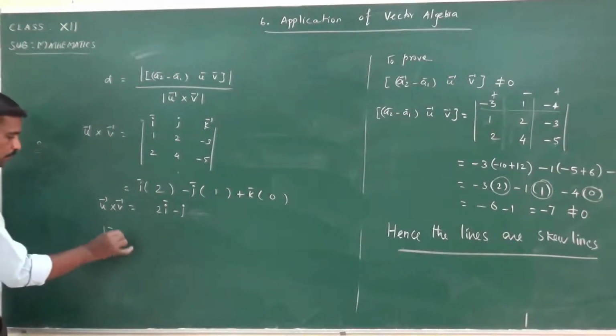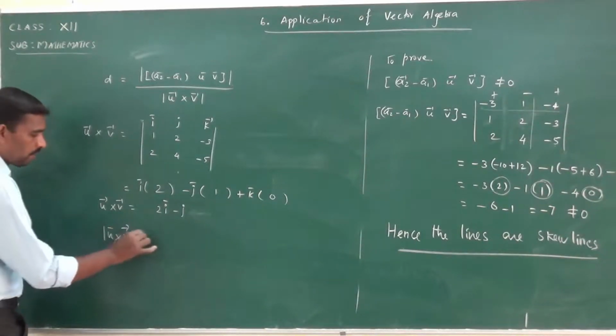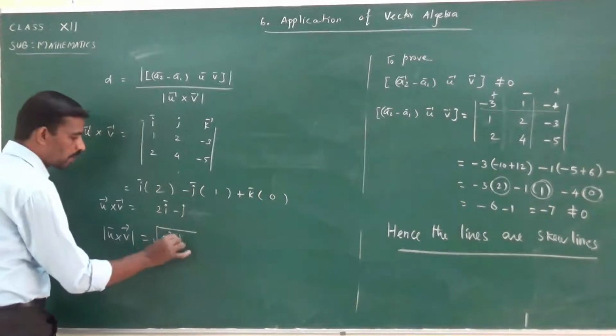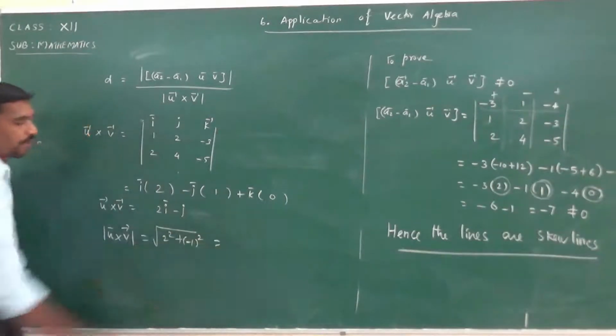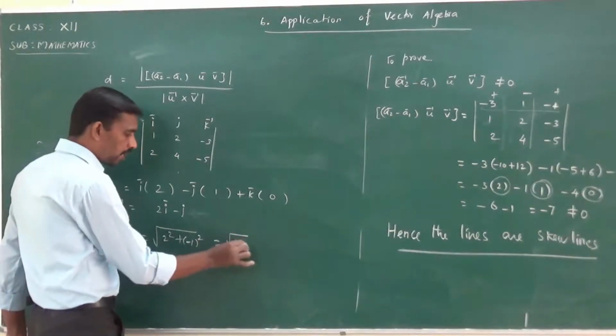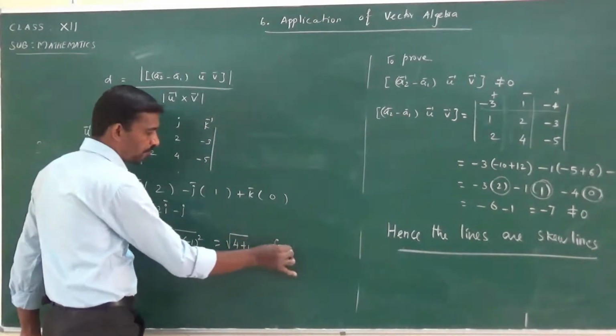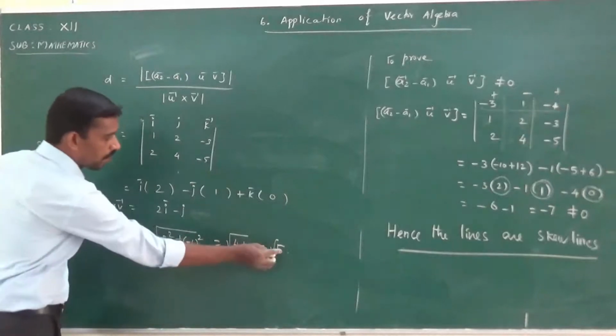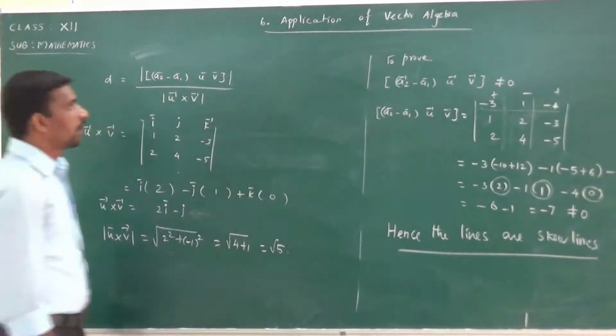Now the magnitude of u vector cross v vector is the square root of 2 squared plus minus 1 whole squared, which is the square root of 4 plus 1, so root 5.